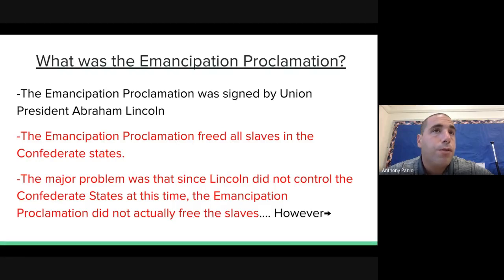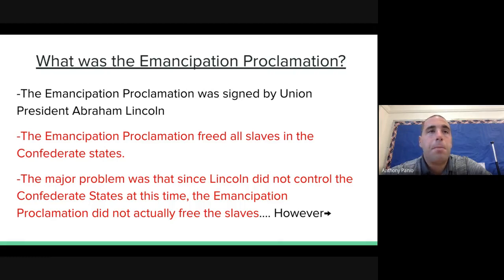You had like three or four called border states that owned slaves, but many of them did not own slaves. In the Confederacy, pretty much all of the states owned slaves. So Abraham Lincoln is going to decide to free the slaves only in the Confederate States. So if you're in the Union, you can keep your slaves hypothetically, but if you're in the Confederacy, you have to get rid of them.